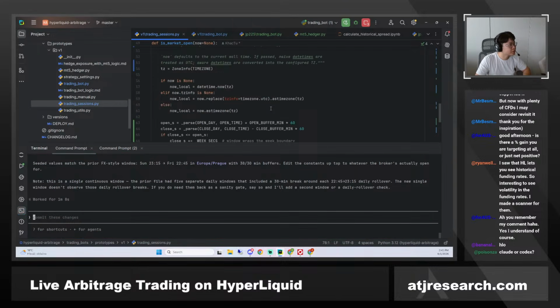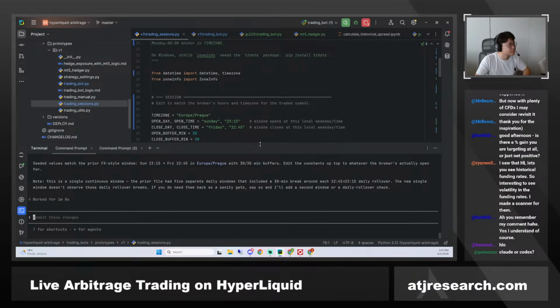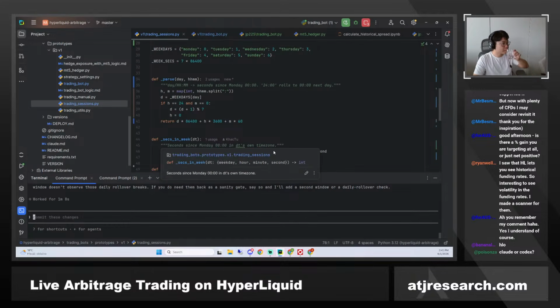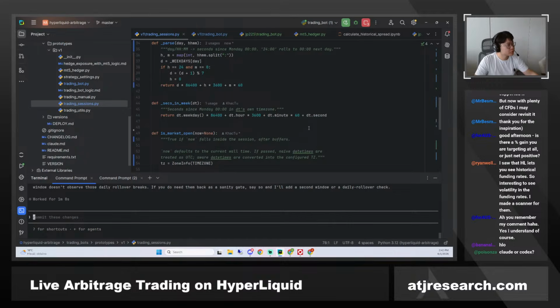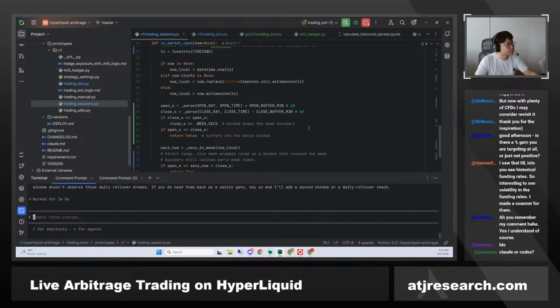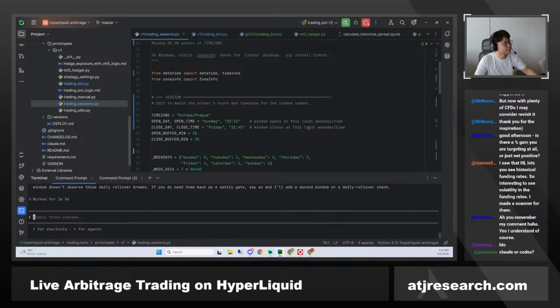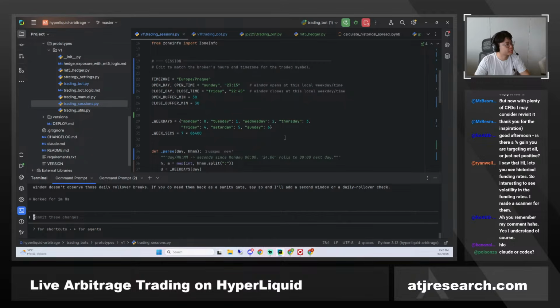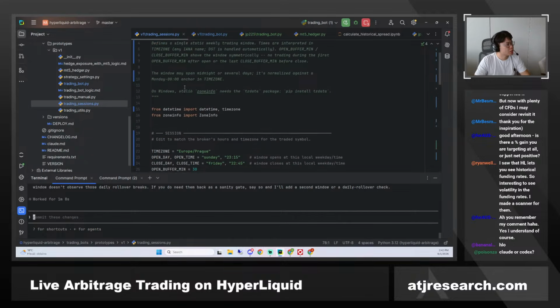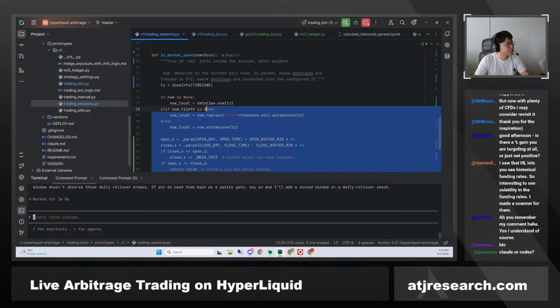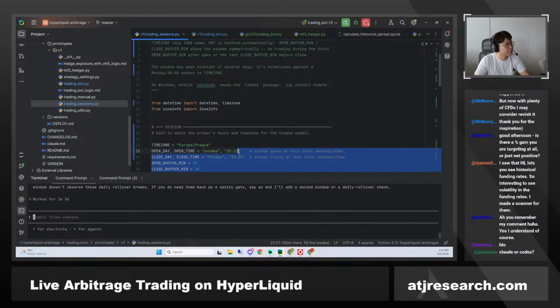So here in trading sessions, we have this part here. I think I'm just going to rewrite it and let Claude take care of the refactoring, right?